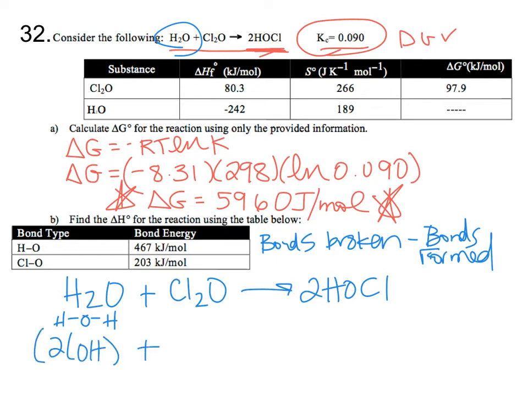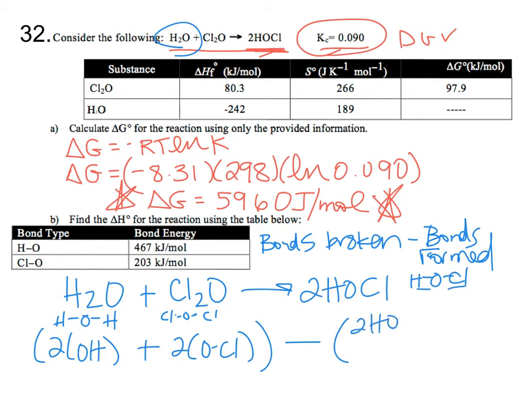And to that we add Cl2O, same thing, ClOCl. We're going to break 2 OCl bonds. So those are bonds broken, minus, what bonds are we forming? We're forming an HO and a ClO, but 2 of them, so we do 2 HOs and 2 OCls.